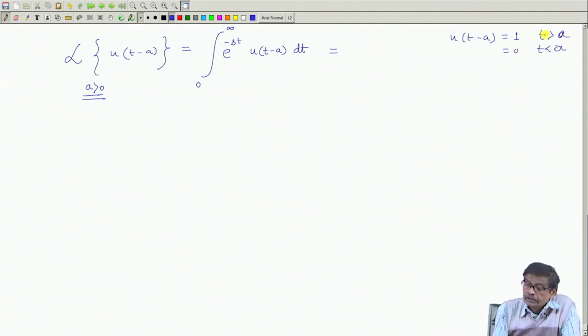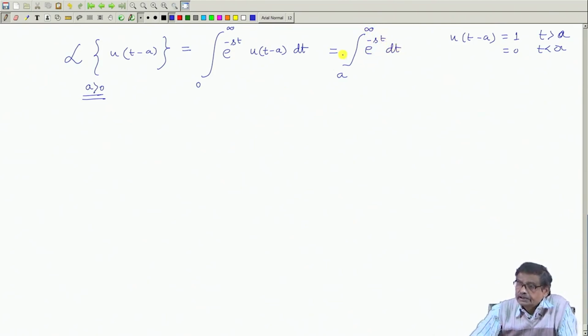This is known. So, this integration can be replaced by the integral from a to infinity of e to the power minus s t into d t, because u(t minus a) is 0 for t less than a. So from 0 to a, nothing will be there, this function into 0.